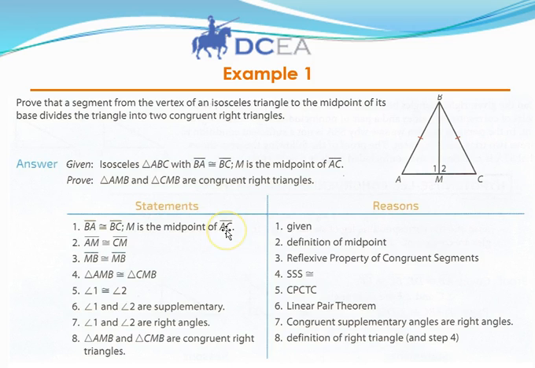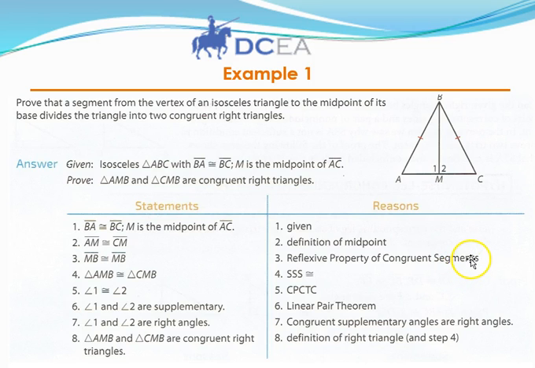And once we know that we have a midpoint, we're now going to set out to prove congruent segments. AC is basically divided by the midpoint M. So AM will be congruent to CM. And that's the definition of a midpoint. MB is congruent to MB. And that's reflexive property in congruent segments.